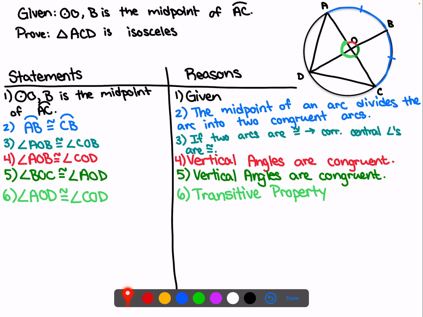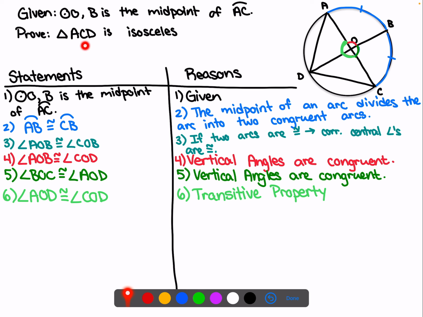Now at this point, now that I know that those two angles are congruent, what types of angles are they? Well, they're formed at the center of our circle, so they're central angles. And I know that if central angles are congruent, then corresponding chords are congruent, and corresponding arcs are congruent.